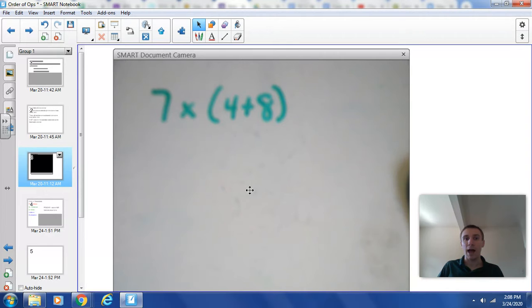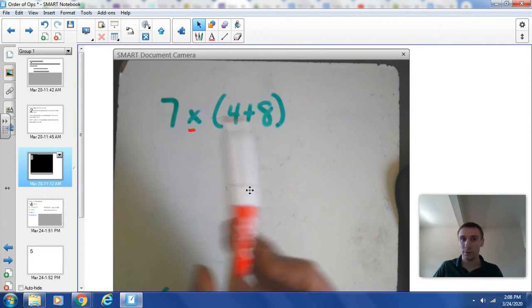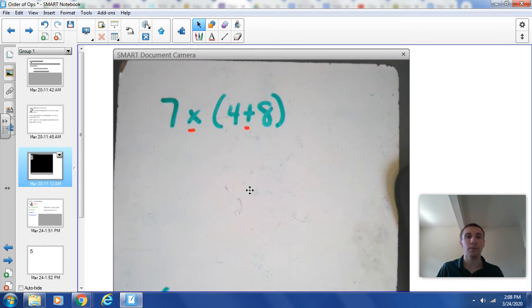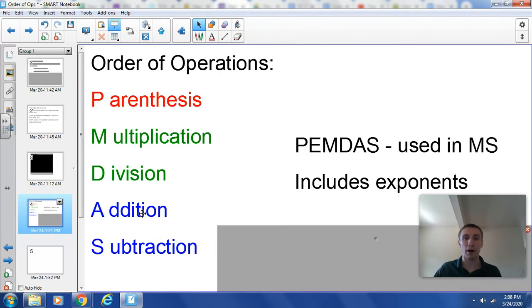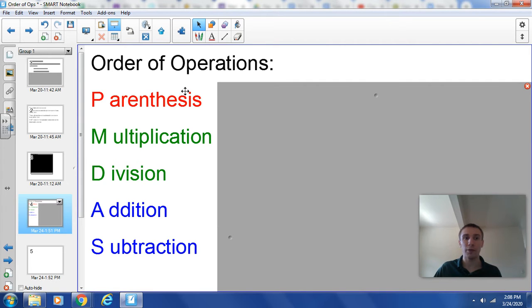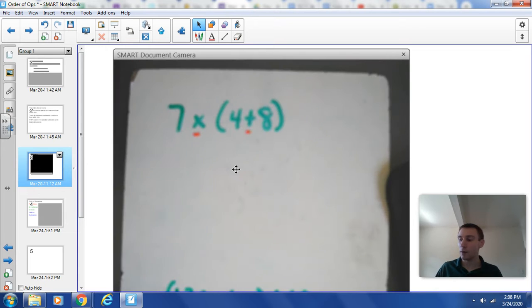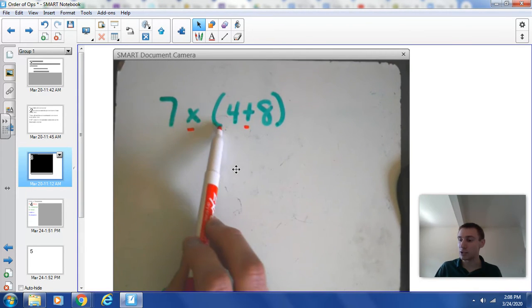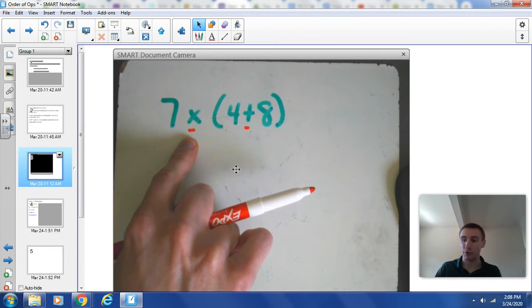So with that said, let's take a look at this example on my document camera. In this example, I have multiplication and I have addition. However, what I have to keep in mind from my order of operations is that I have to solve what's in my parentheses first. Normally, I would do the multiplication first.